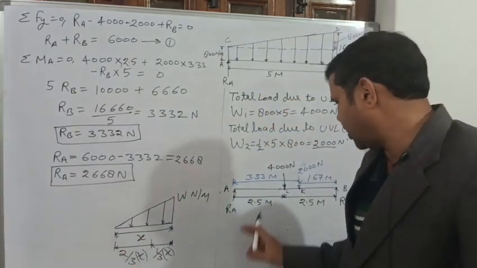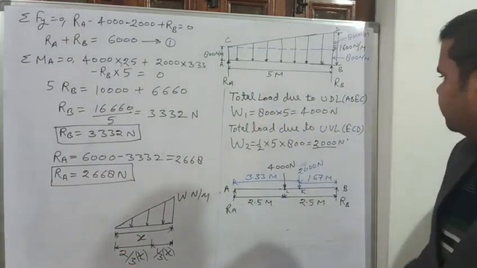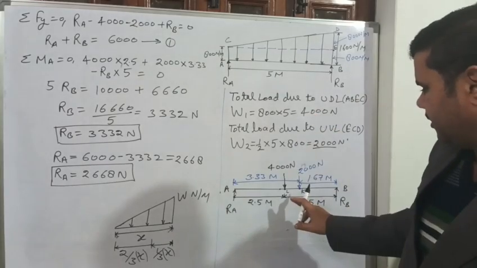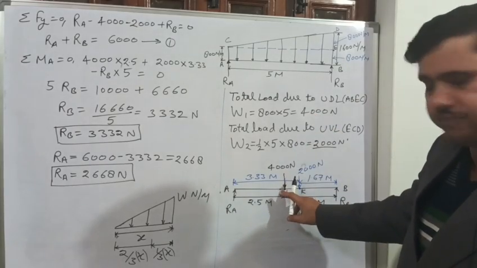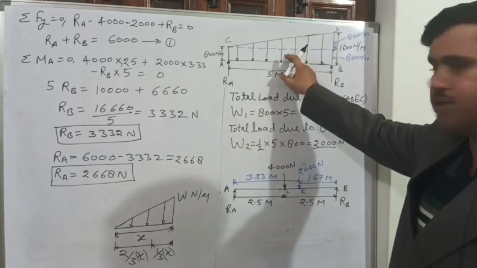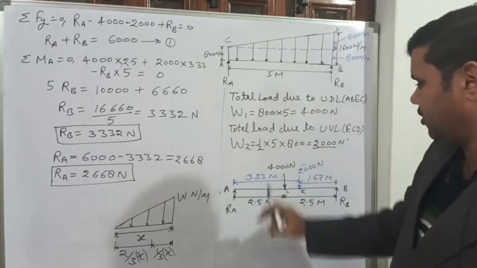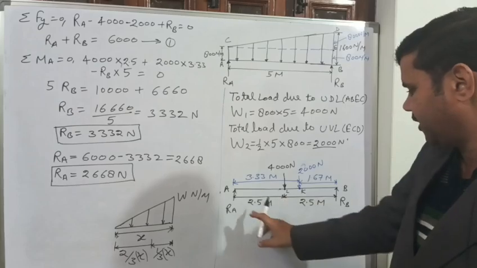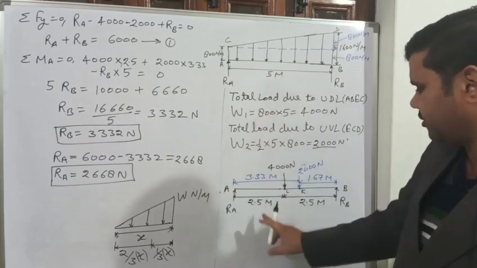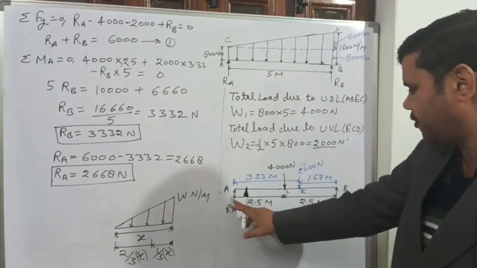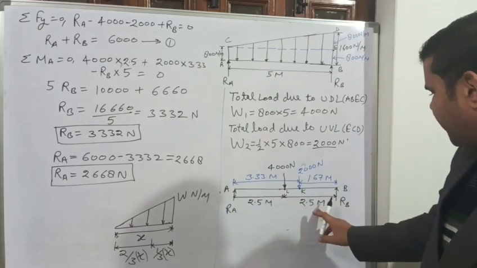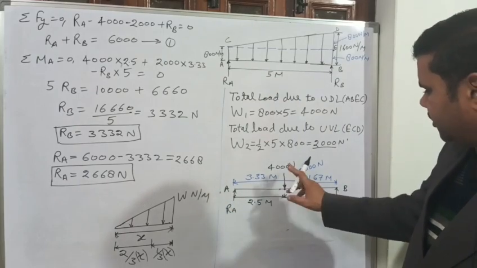So now this is the free body diagram here. 4000 at midpoint, and this is due to this uniformly distributed load. So this will be at midpoint, meaning this is 5 meter, so 2.5 meter from this end and 2.5 meter from this end, right. 4000.